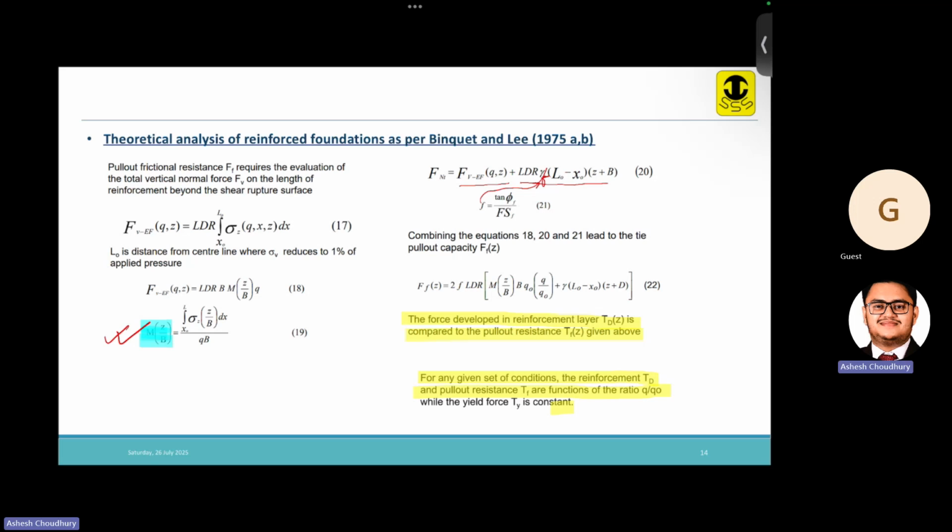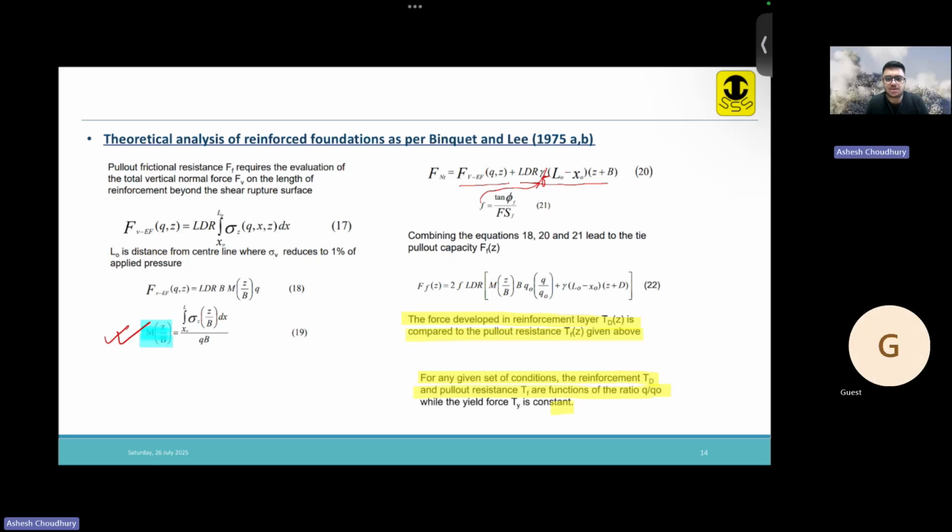As I checked, obviously we have to have this friction coefficient F here, because FVB comes from the vertical pressure that is coming, and this term, gamma times L naught minus X naught times Z plus B, gives me the overburden pressure.